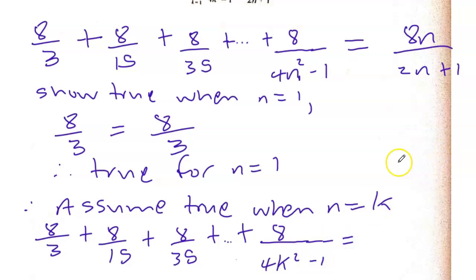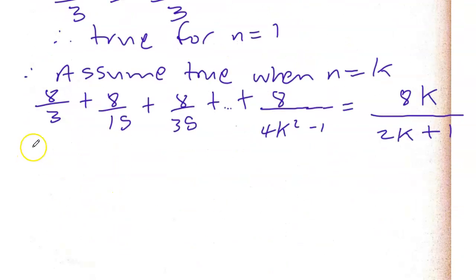And of course, to get the summation for the first k terms, on the right hand side, replace n with k. So we end up with 8k over 2 times k plus 1. That's step 2.